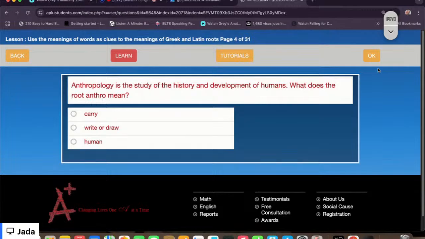So anthropology is the study of the history and development of humans. What does the root anthro mean?